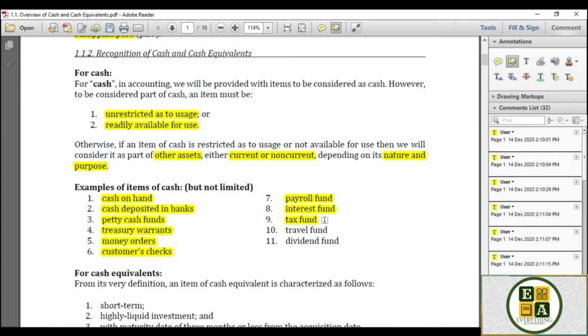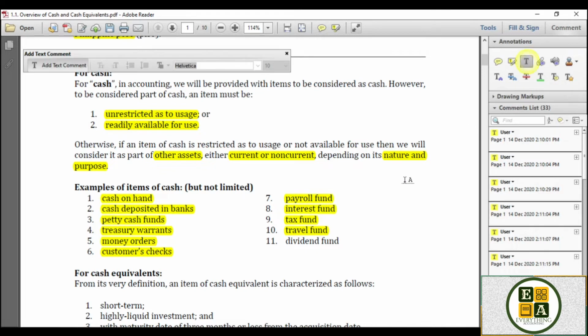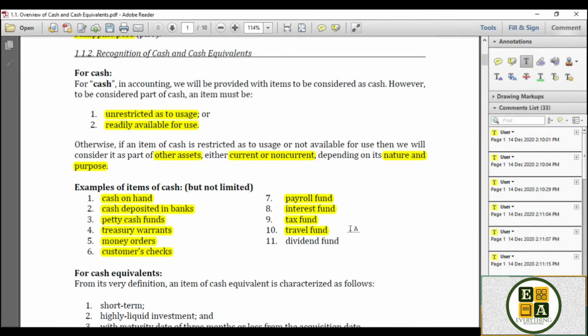Of course, generally hindi papahuli ang government in collecting taxes. Then we also have travel fund. Travel fund, pag sinabi natin travel fund, we actually mean for this one as for business purpose. So therefore, pag it is not related sa business, for example, parang personal lang, it is not considered part of cash.